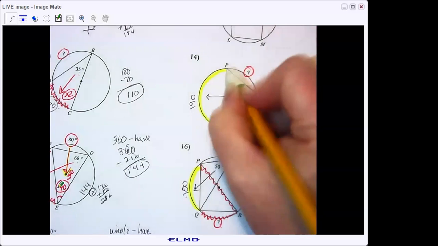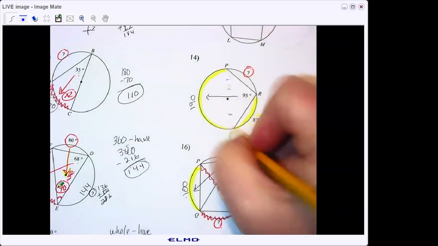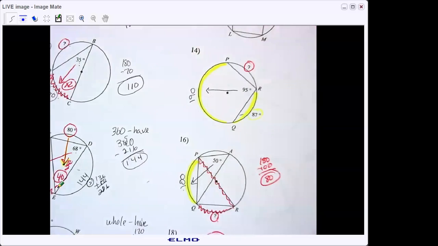So I would caution you, don't add lines that aren't there. I was wondering if it still worked. No, because you don't know that it goes through the center exactly. So I would say no. But good question. Thank you. That shows me people are thinking outside the box, thinking of different ways of doing things. I like that.